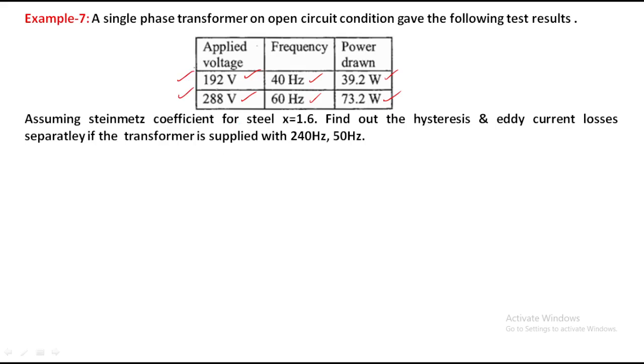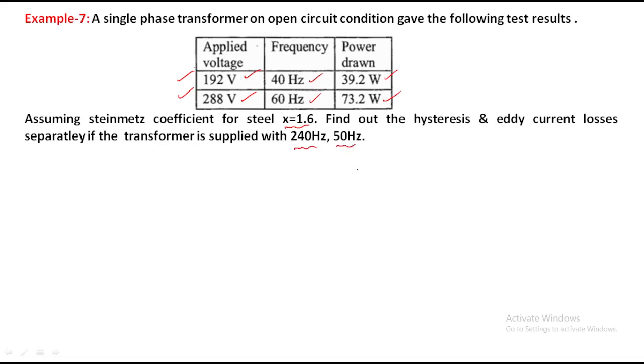For one instance we provide 192 volts, and for the second instance we provide 288 volts, and the assumed Steinmetz coefficient is 1.6 for steel. Find out the hysteresis and eddy current losses separately if the transformer is supplied with 240 volts and 50 hertz.